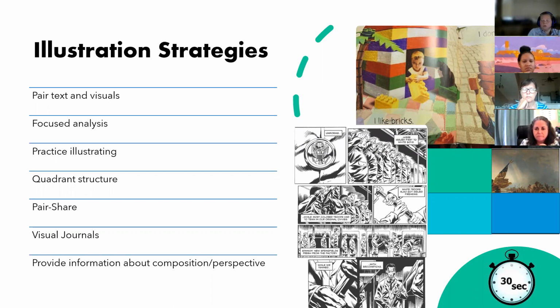They were used to reading context from text, and they struggled analyzing the visuals to get a sense of emotion or anger or whatever. So using graphic novels is a great way to pair illustration and text.